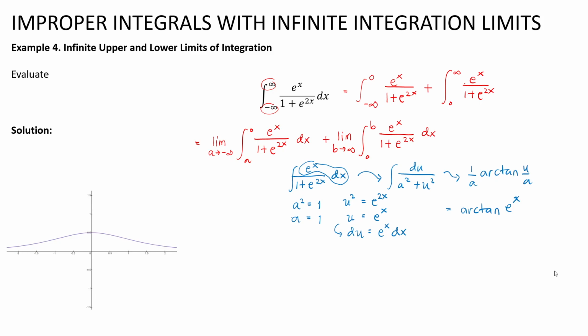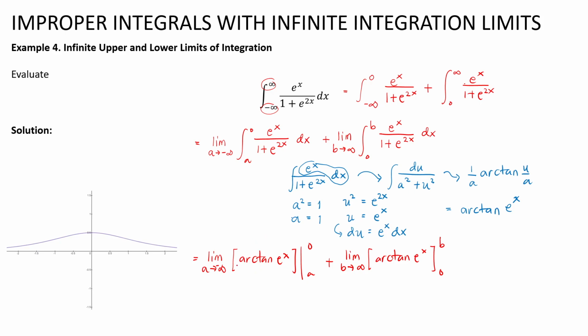So going back to the original equation, this gives us now the limit of a approaches negative infinity, the first one is arctangent e raised to x, from a to 0, and then plus the limit of b approaches positive infinity, arctangent e raised to x, from 0 to b.